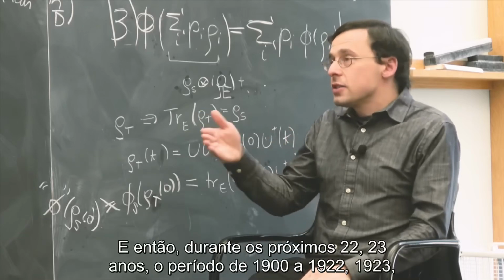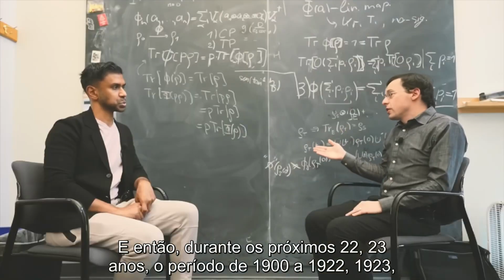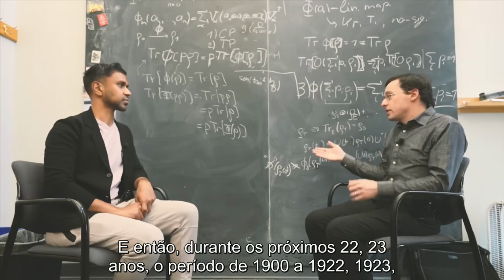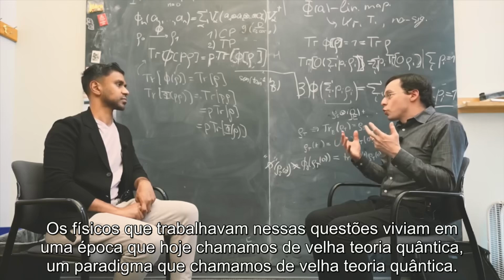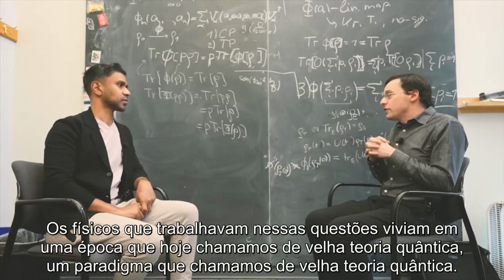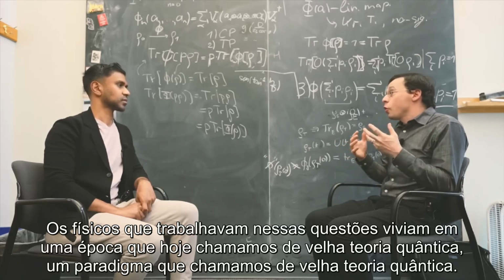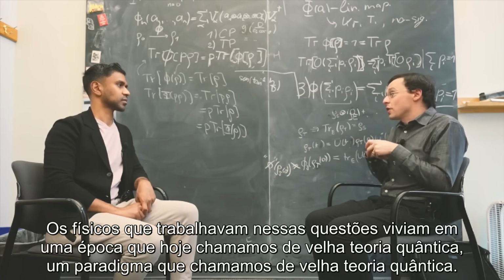And then for the next 22, 23 years, the period from 1900 to 1922, 1923, physicists working on these questions were living in a time that today we call the old quantum theory.